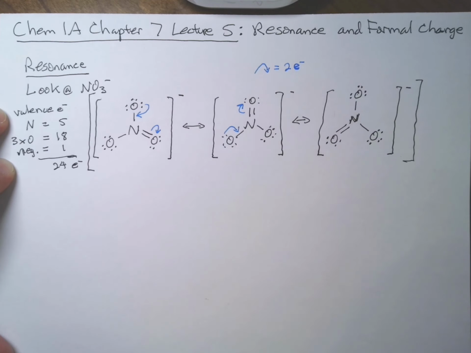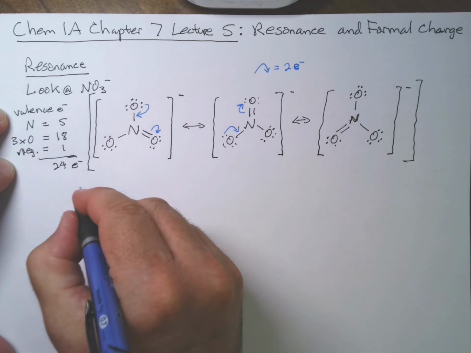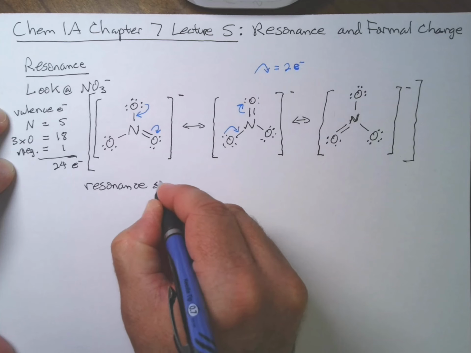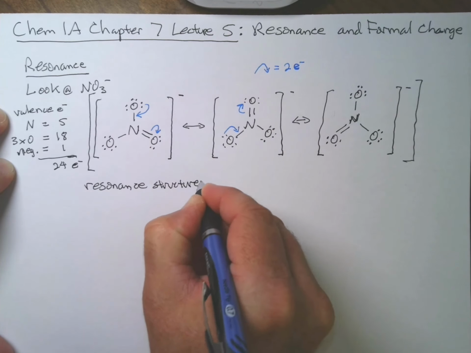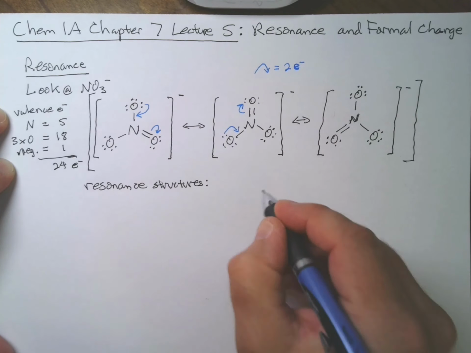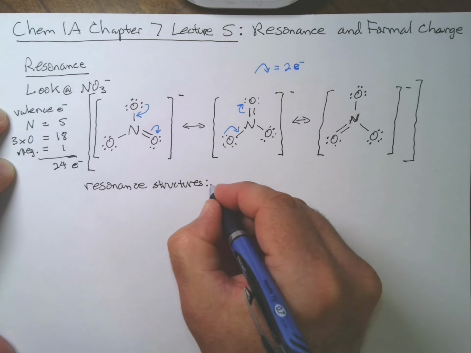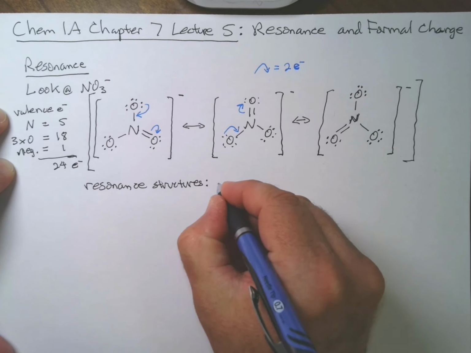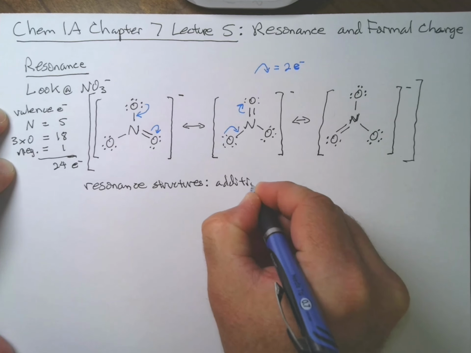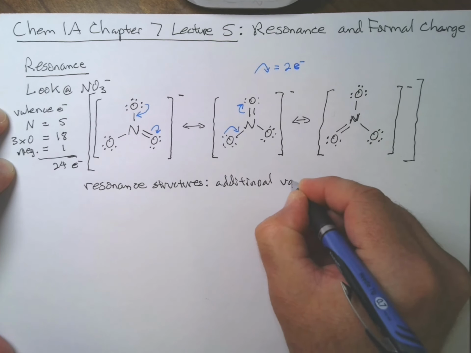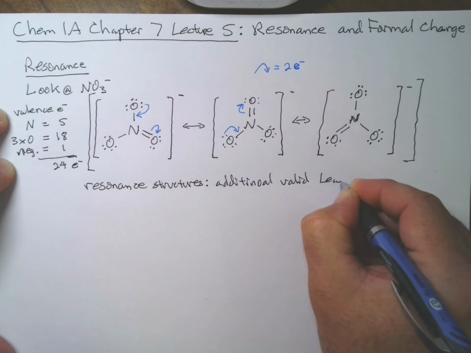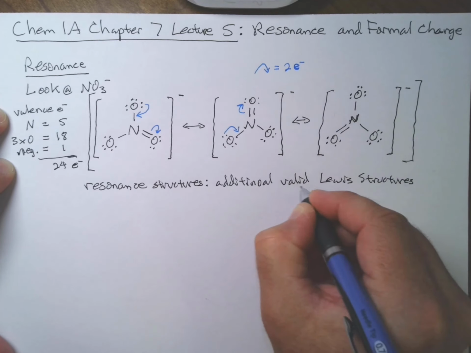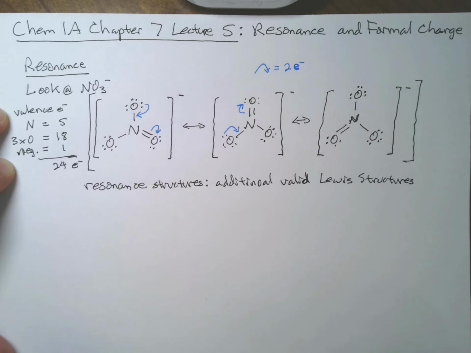All right. And so what we have here are called resonance structures. Resonance structures are additional valid Lewis structures for a particular atom or ion.